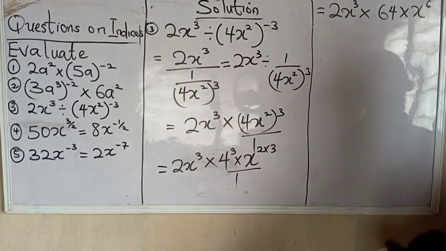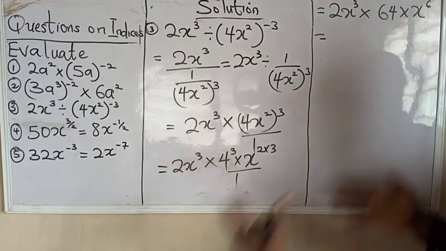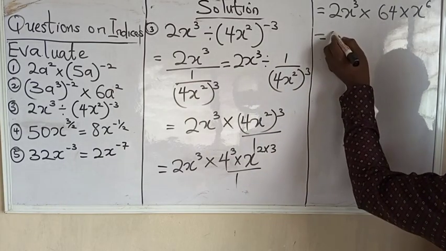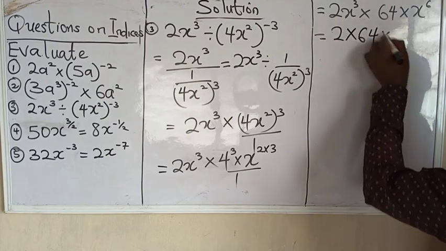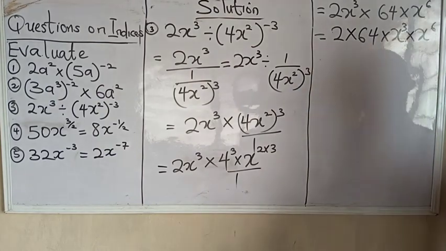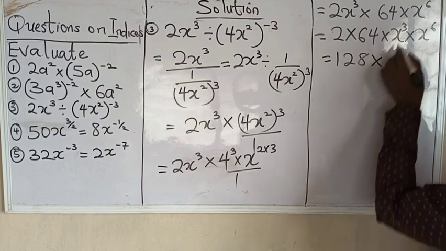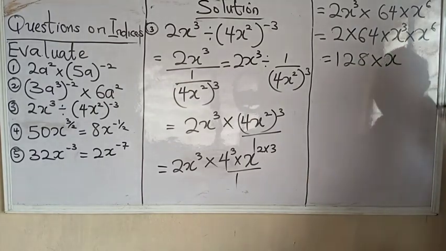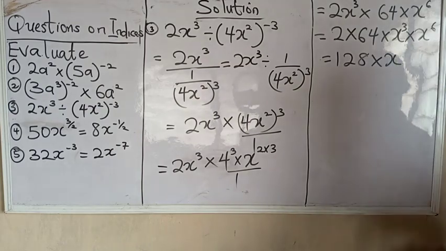Then just multiply. I will arrange numbers separately and letters separately. So this can be 2 times 64 times x raised to power 3 times x raised to power 6. So 2 times 64 is 128 times, using laws of indices, as you can see this is x raised to power 3 times x raised to power 6.